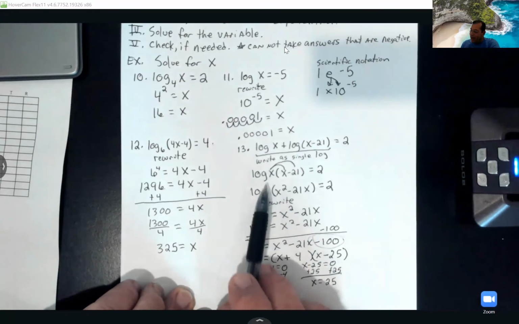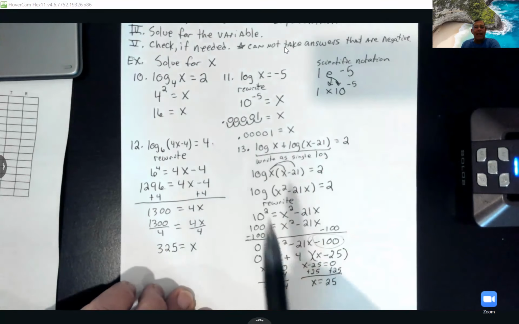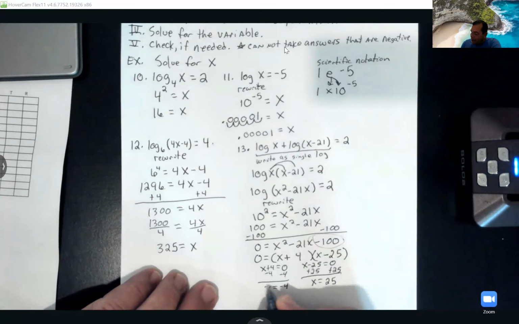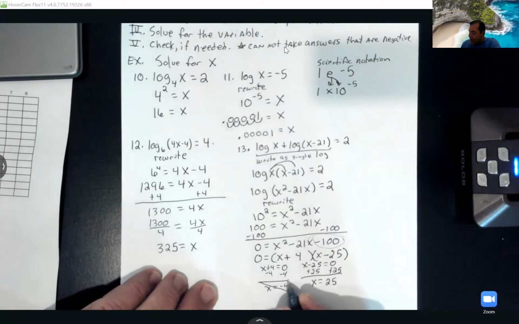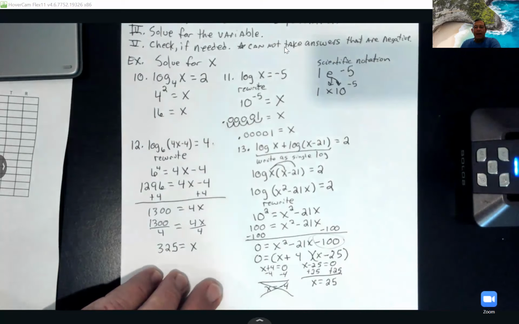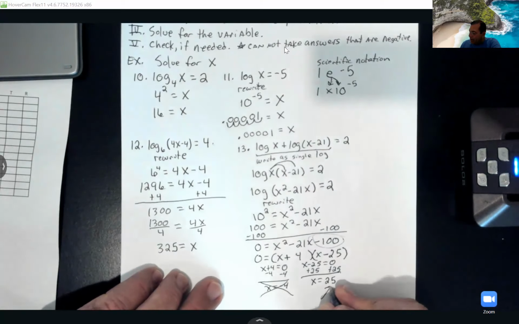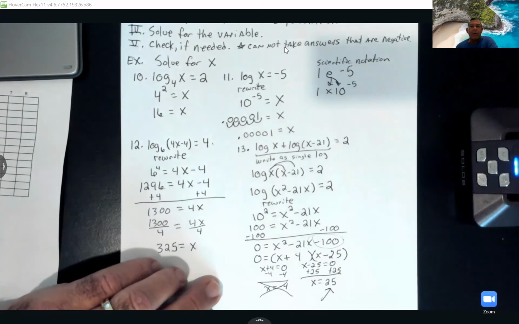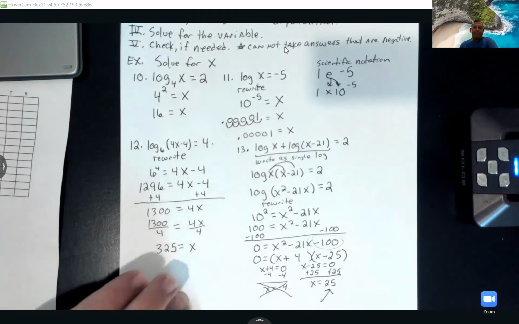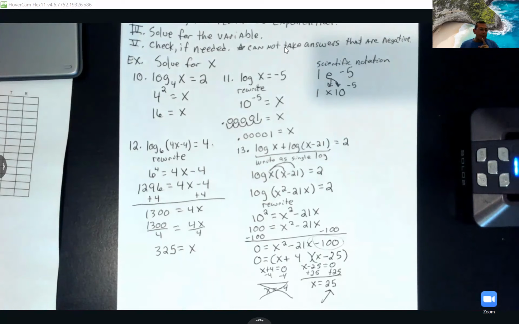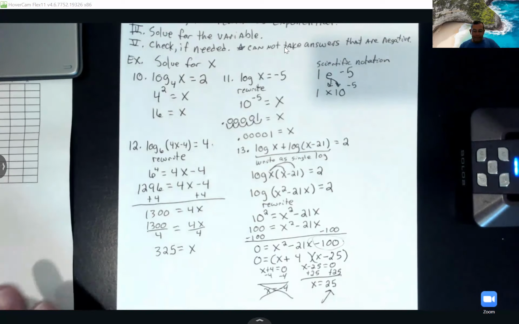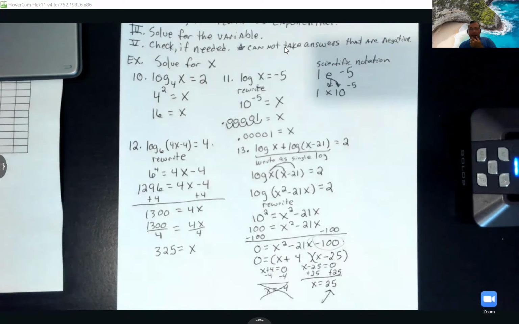Because if you try to take a log of a negative 4 when you check that, you're going to get an error. So we're going to cancel out that negative answer. And the only answer to this is x equals 25. So remember, throw away those negative answers, okay? All right, y'all, I'm going to let y'all catch up on that one, and then we will hit the next one.